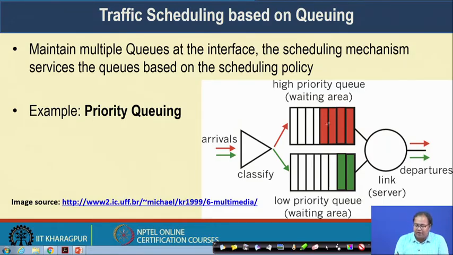If you are in the high priority queue, you will be serviced first compared to a customer at the low priority queue. So, the link will serve them one by one and send the packets on the outgoing link. That way you are giving priority to certain classes of traffic which will experience better quality of service compared to others.